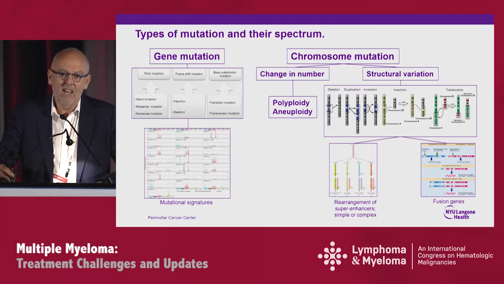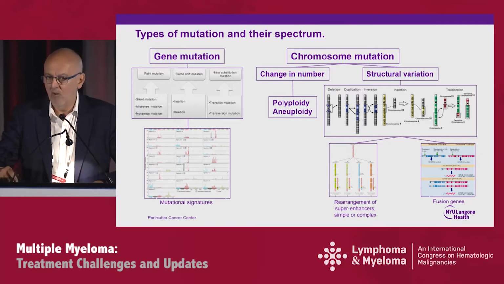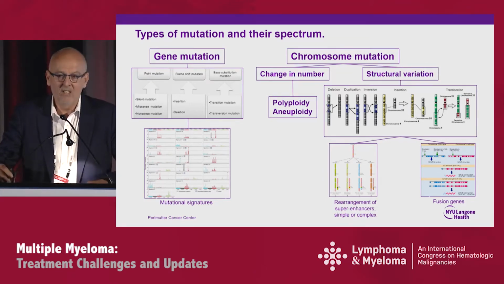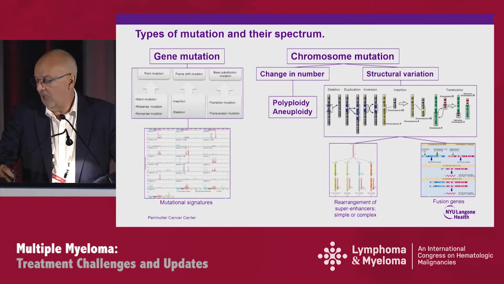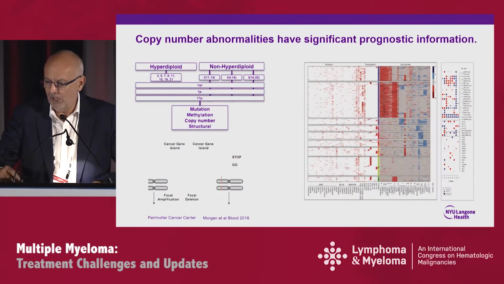And on the right, there are the more global structural changes, including changes in copy number and structural variation where bits of the chromosomes move from one site to the other. They deregulate genes via a number of different ways, including movement of super enhancers around the genome and gene overexpression, and the formation of fusion genes where there are new genetic products formed that aren't present within the host genome.